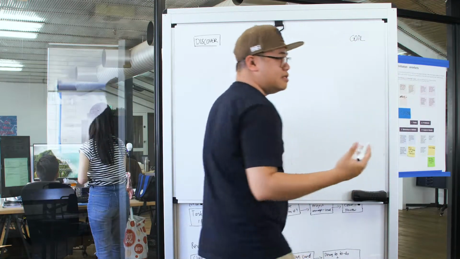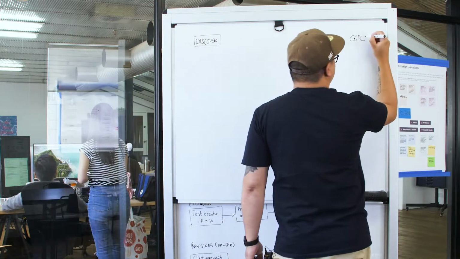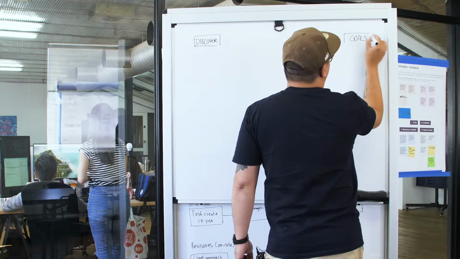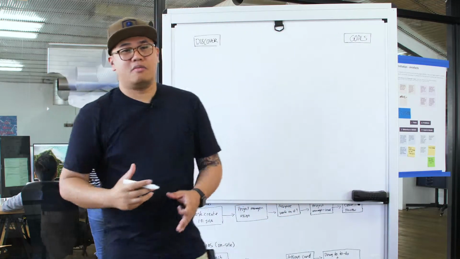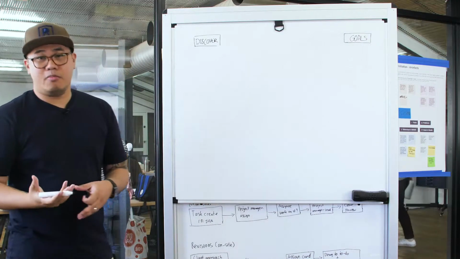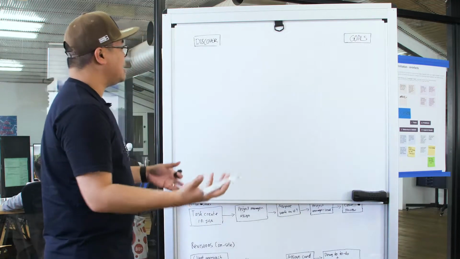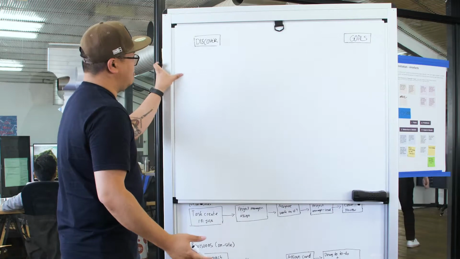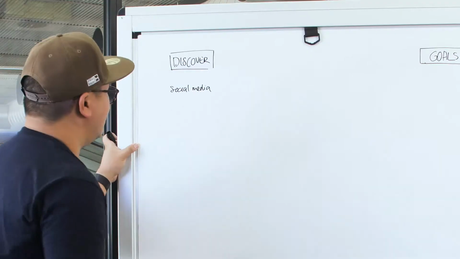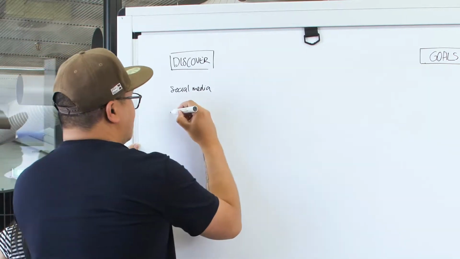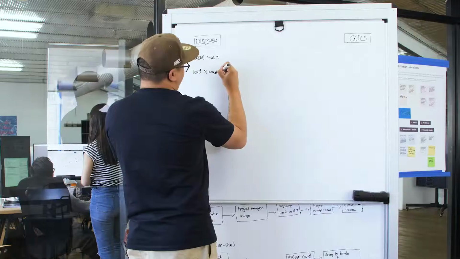Now goal, there could be multiple goals for a user. So I'll just say goals, right? And then you want to outline how people would find out about your brand or your website. So let's say for this one, people would find out from social media. Just list down as many as you can. So social media, word of mouth, what else?